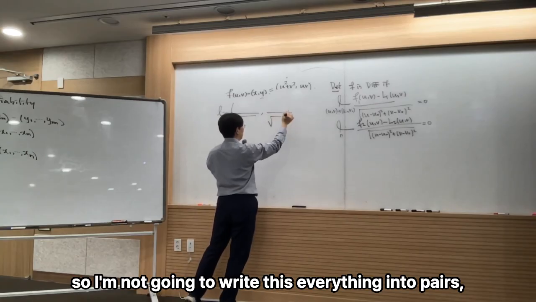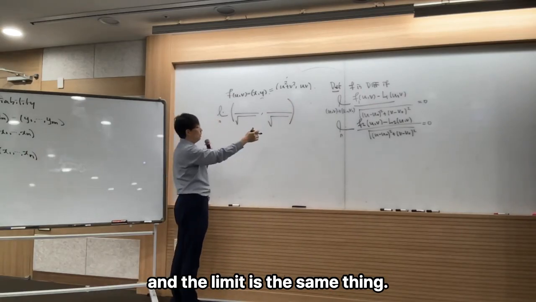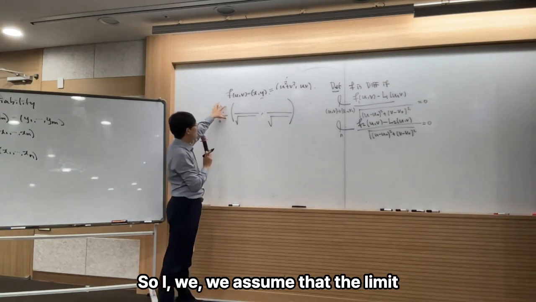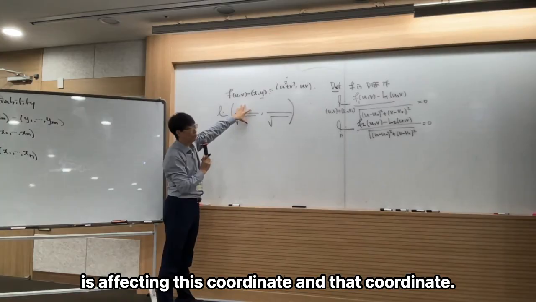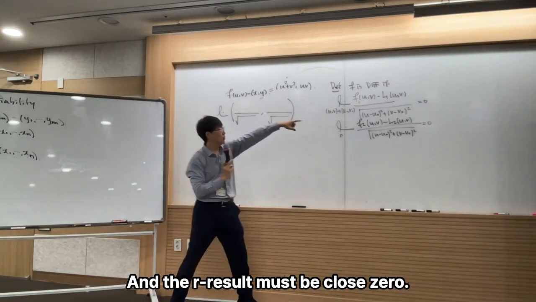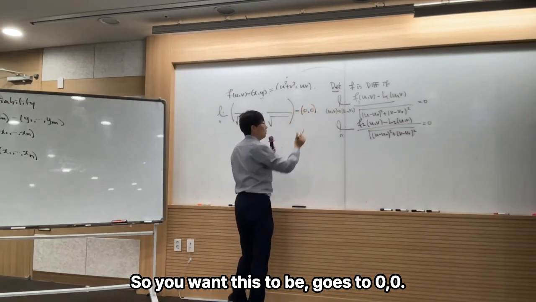I'm not going to write everything into pairs, and the limit is the same thing. And what do we require here? We assume that the limit affects this coordinate and that coordinate, and the result must be both 0. So we want this to go to (0, 0).